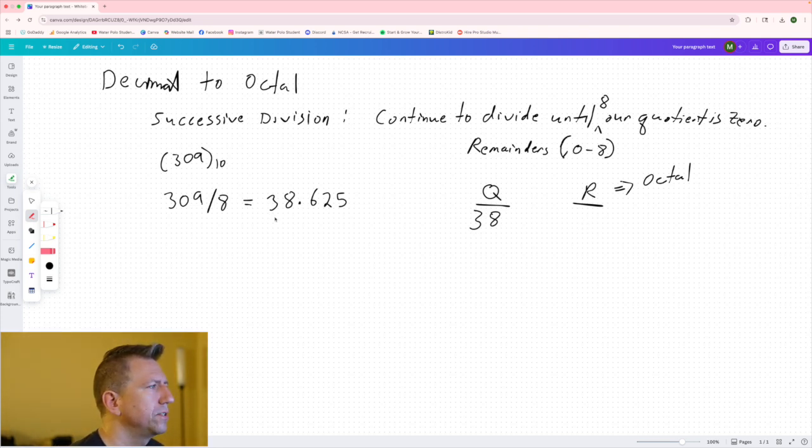This takes 2 steps. First, we have to take away the quotient. We minus 38 and we get 0.625. You don't have to do that as an operation; you could just do it in your head. Then we multiply that by our base, 8. If I multiply 0.625 by 8, I get 5. So our remainder here is 5.